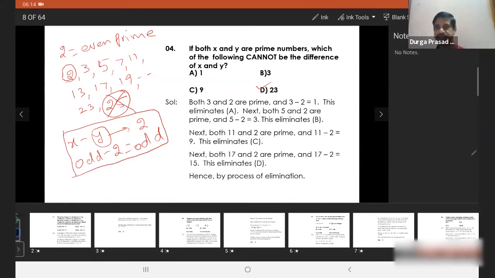There is nothing else to do. So if the answer should be 23, 23 plus 2 should be a prime number. Finish. You need not check options, nothing. Simply directly you'll go to the answer. Okay. Logics. We call it logics.